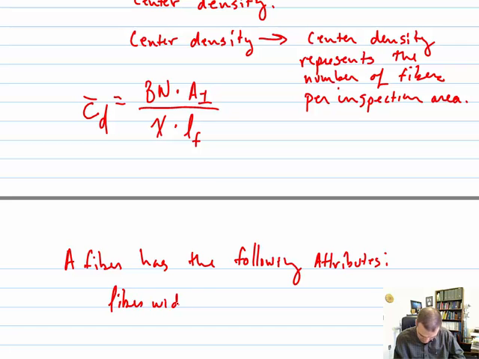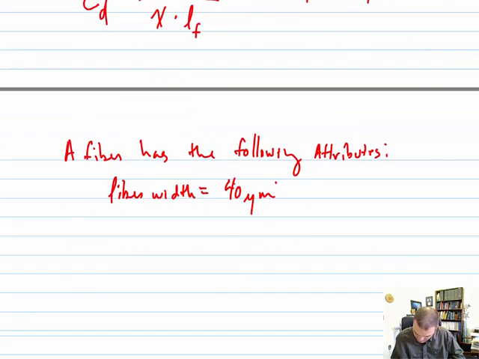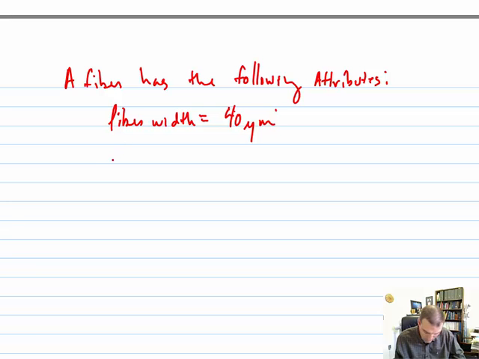Fiber width equals 40 micrometers. Fiber length equals 3 millimeters.